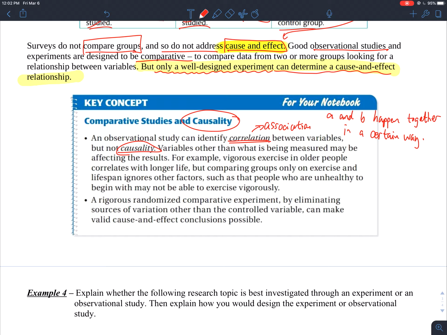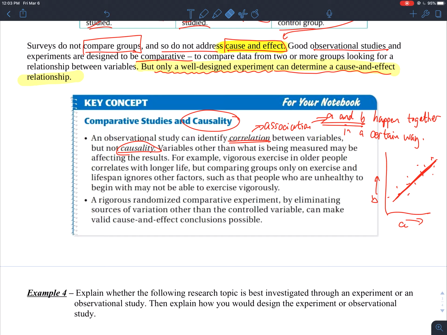And you've done the correlation graphs where we had the dots and we said, oh, that's positive correlation. As A gets bigger, B also gets bigger. That's an association. And the number that comes from how strong the association is is what we call correlation.